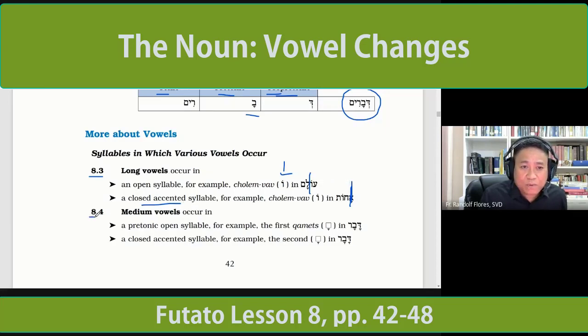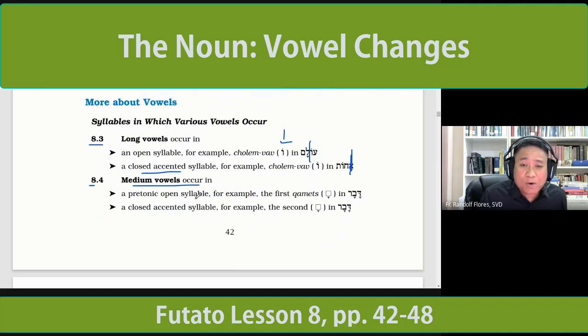Now 8.4, medium vowels occur in pretonic open syllables. For example, davar. This is the tonic, and then this is the pretonic, second to the tonic. So da, this is an open syllable.